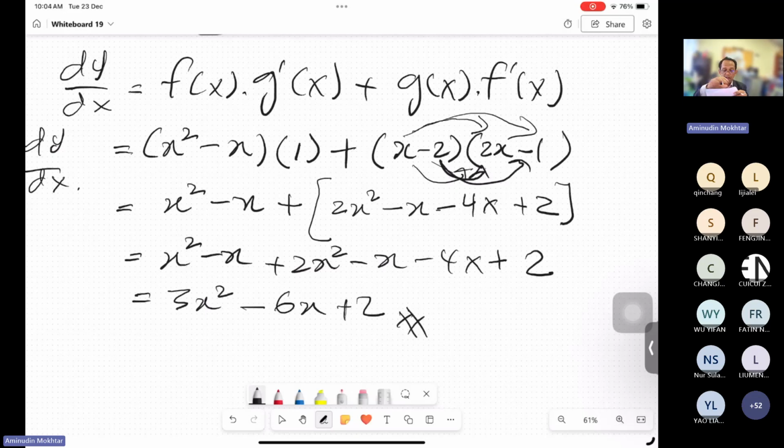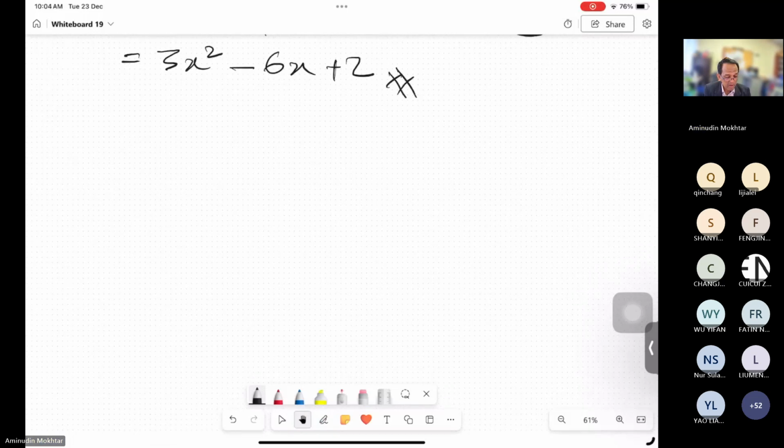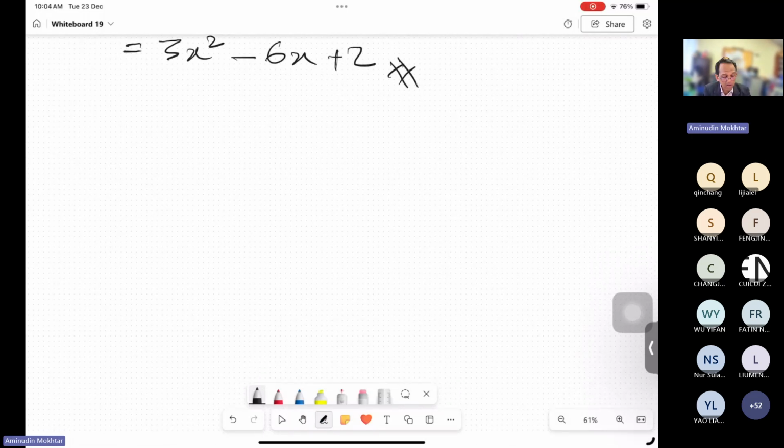Next one, okay, this is what we call the quotient rule. Please refer to page number 7. What is the quotient rule?